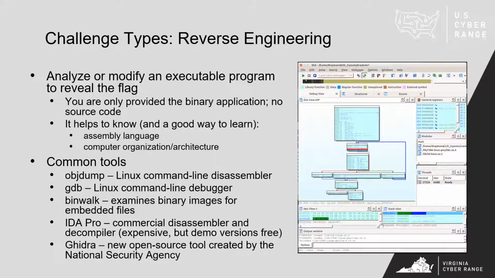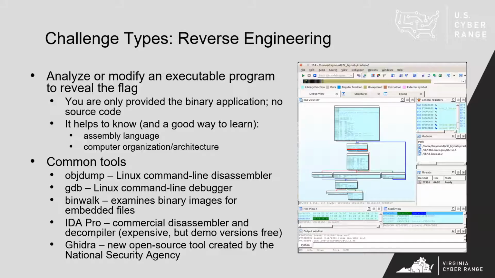Okay, so here's reverse engineering in a nutshell. Generally in a reverse engineering challenge, you are going to analyze and or modify an existing program to reveal the flag, and we'll see some of those flags today. Generally, you're only provided the binary application, right? You don't get any source code. You just get an executable program.